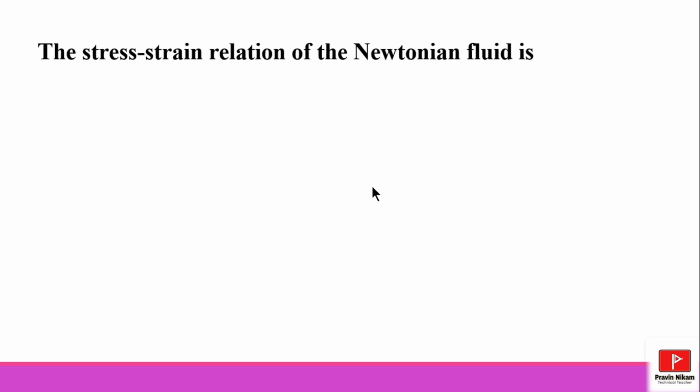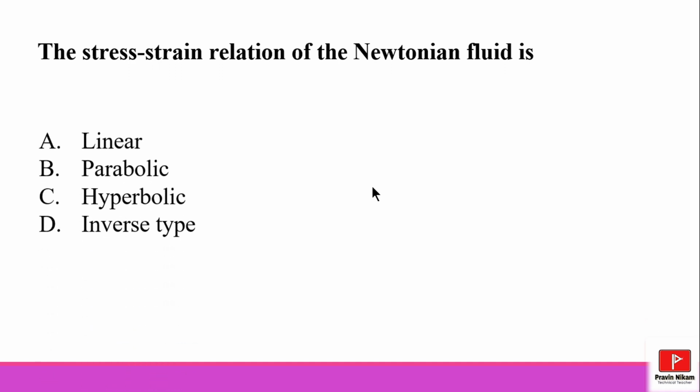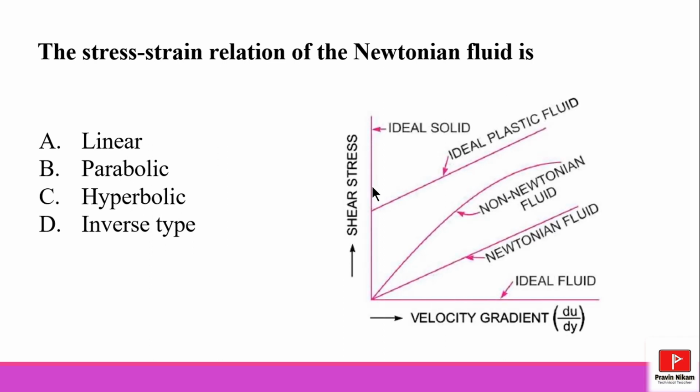The stress strain relation of the Newtonian fluid is, and the options are linear, parabolic, hyperbolic, inverse type. From this graph you can see this is the graph of shear stress versus velocity gradient or shear strain.